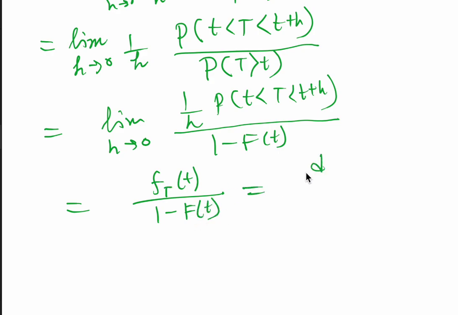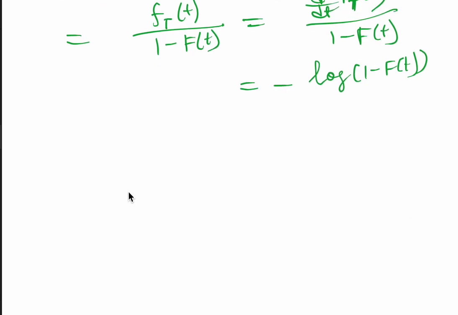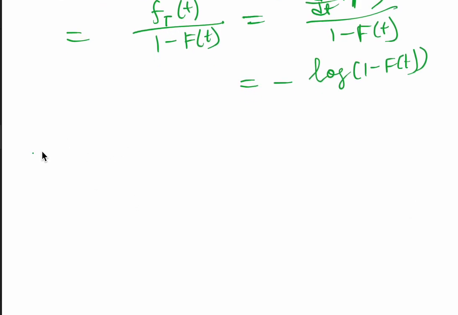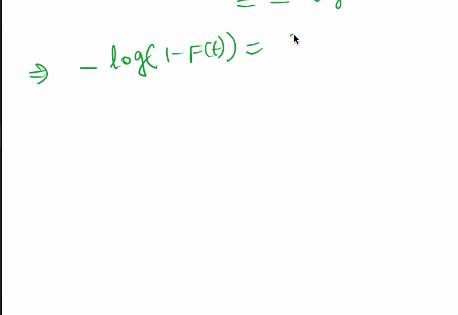Now this is d/dt of F(t) by 1 minus F(t), so this will be minus log of 1 minus F(t). And it is given that minus d/dt of log of 1 minus F(t) is the hazard rate. This hazard rate is lambda, a positive constant.